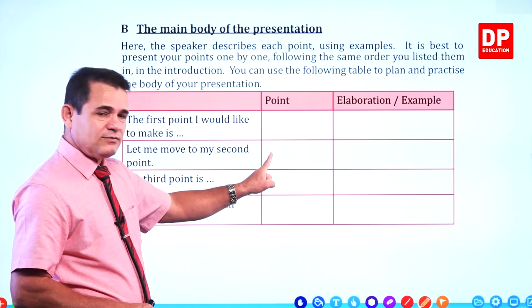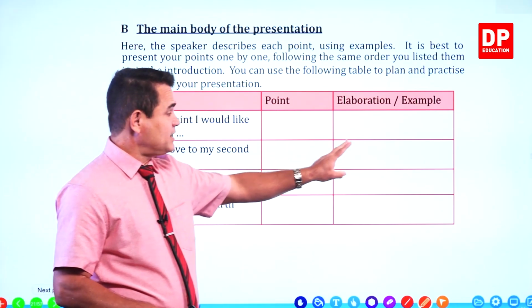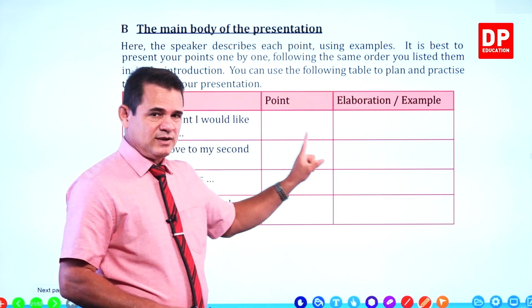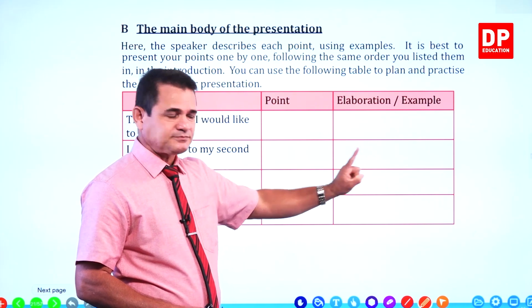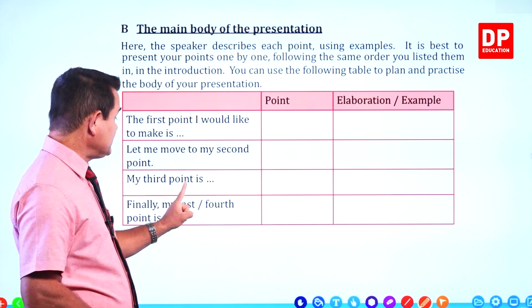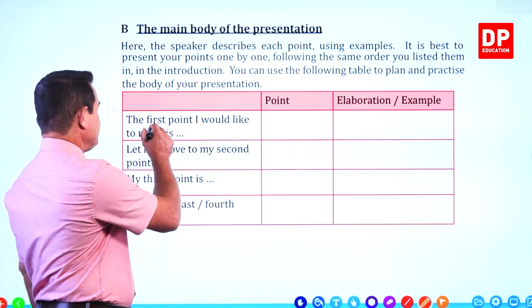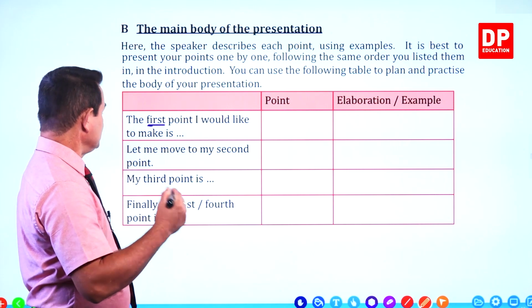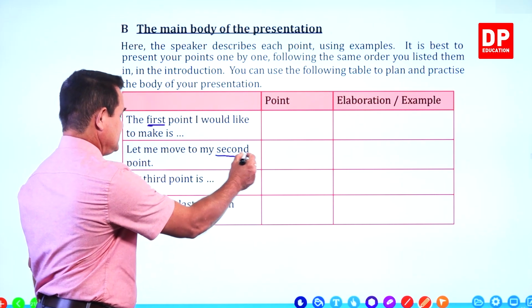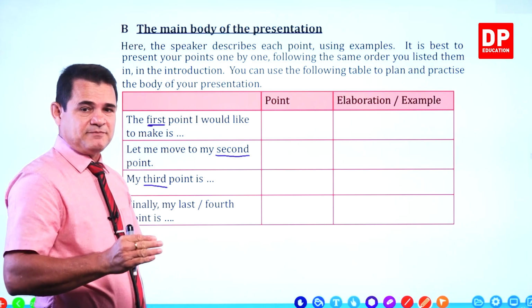Then for that, what are you going to discuss? Write that point, and for that point write an example. Next, my third point is. See, we started with first, then second, and the third, step by step.